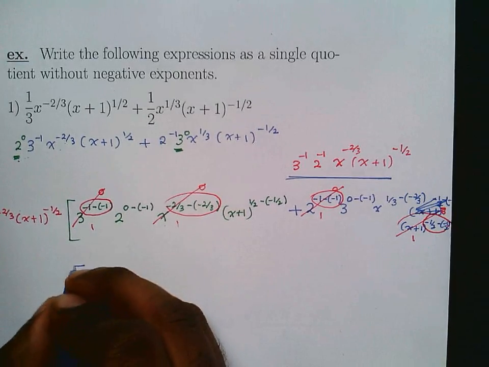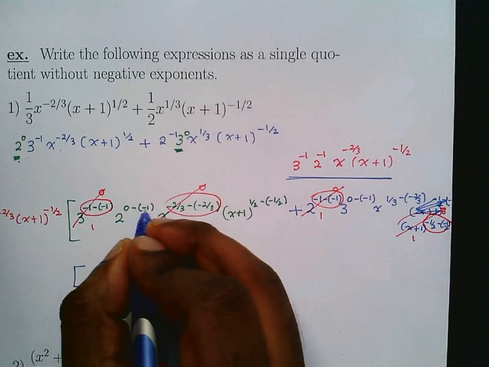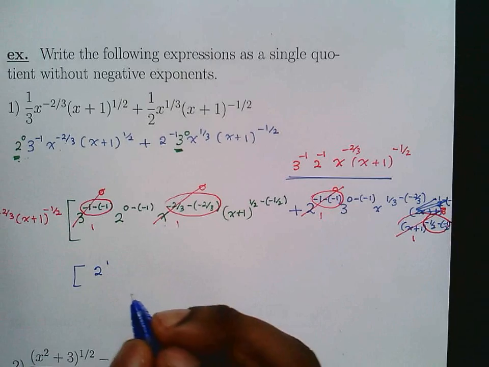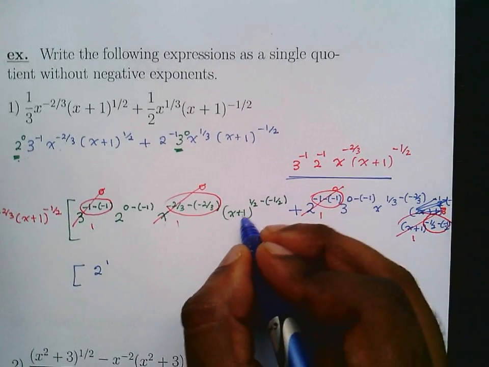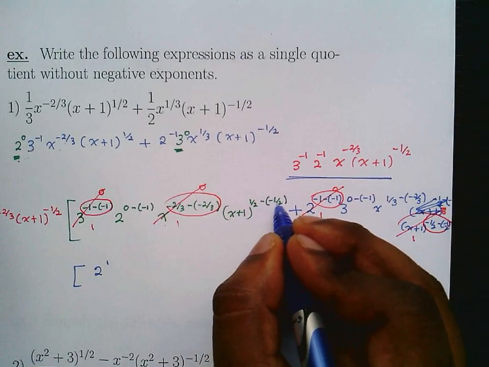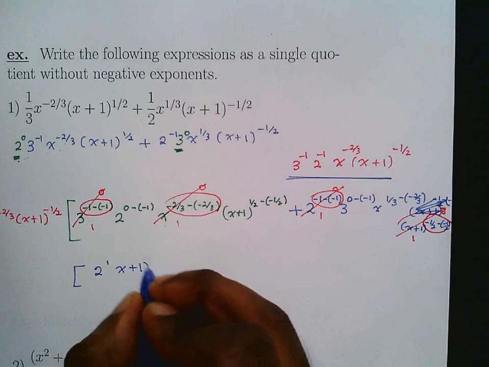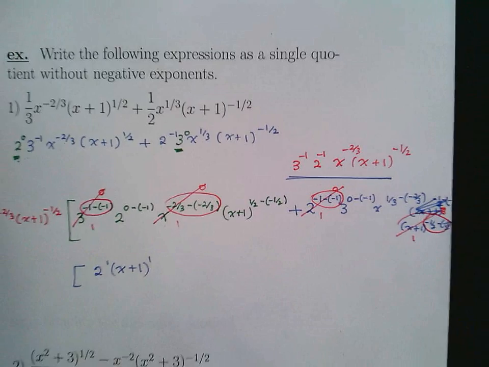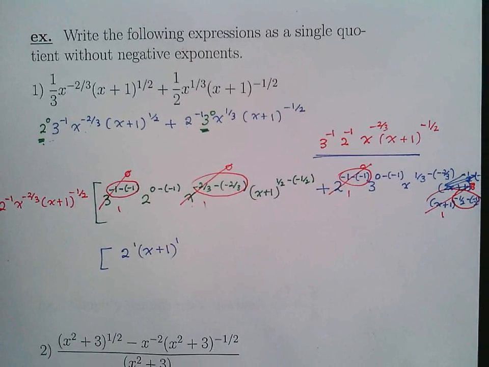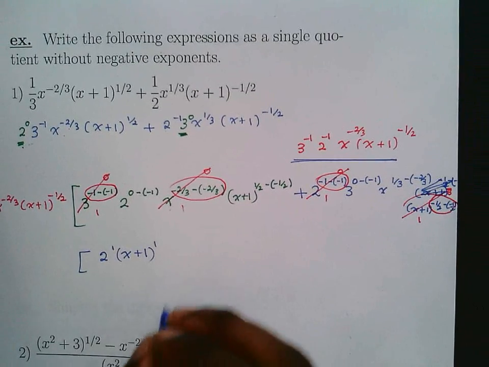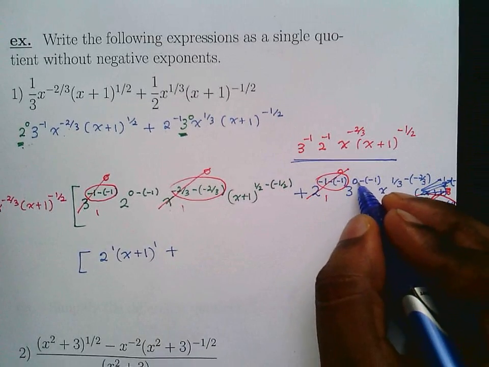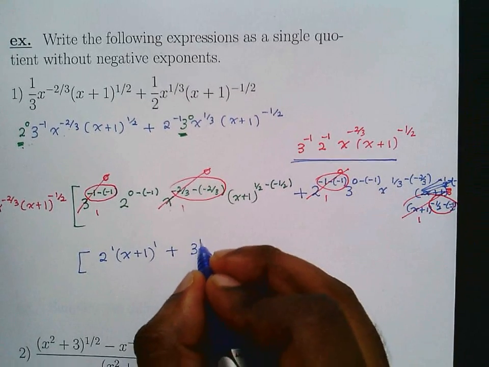So what we have inside is actually 2 to the power minus -1, that's 2 to the 1. X plus 1 to the power 1/2 minus -1/2, that's plus 1/2. So that's x plus 1 to the power 1/2 plus 1/2. That's that. And here we have 0 minus -1, that's 3 to the 1.